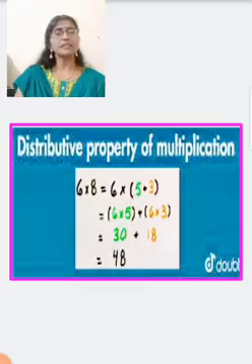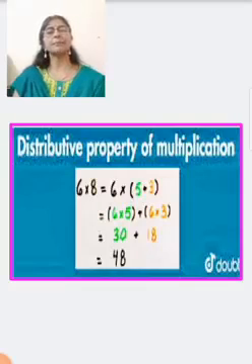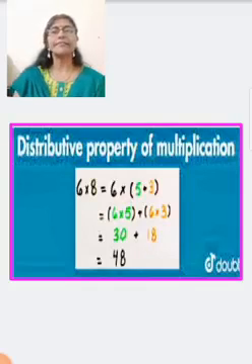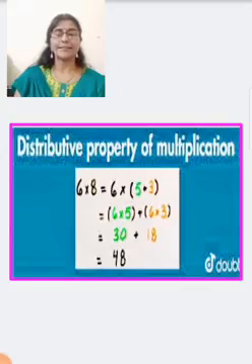Now 6 is outside the bracket, that means 6 has to be multiplied with both the numbers which are inside the bracket. So now next step will be 6 multiplied by 5 plus 6 multiplied by 3. So 6 5s are 30 plus 6 3s are 18.